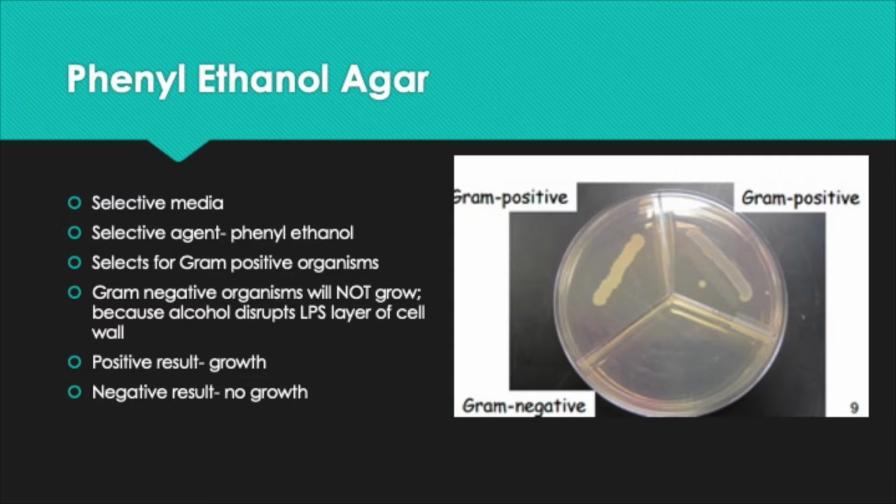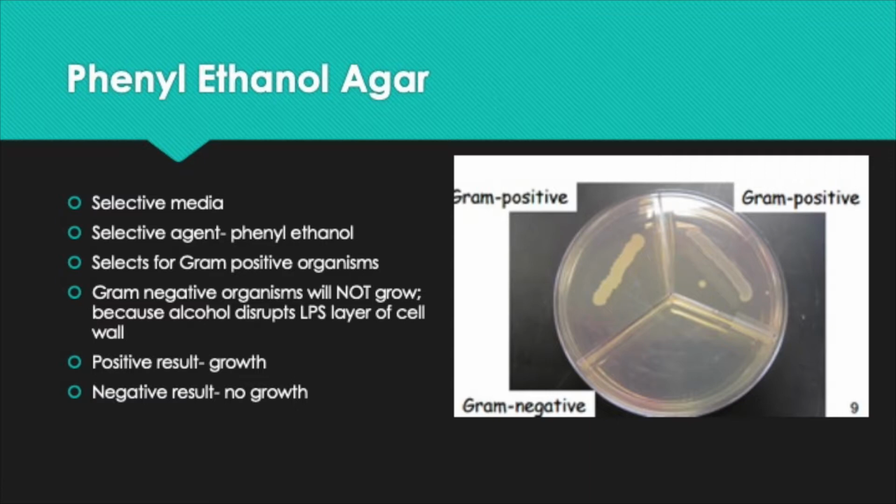In your book, I think it's phenyl ethyl alcohol, but ethyl alcohol is the same thing as ethanol, so we just shorten it. Phenyl ethanol agar, that's what the PEA stands for, and that is the selective agent. The phenyl ethanol is the substrate and the selective agent. It's the only thing that's in the media. The main substrate in the media is phenyl ethanol, so it's a type of alcohol.